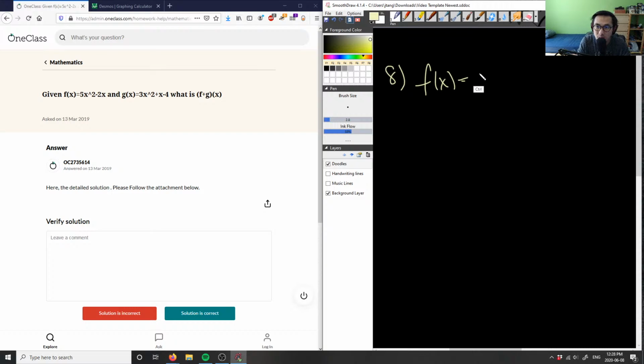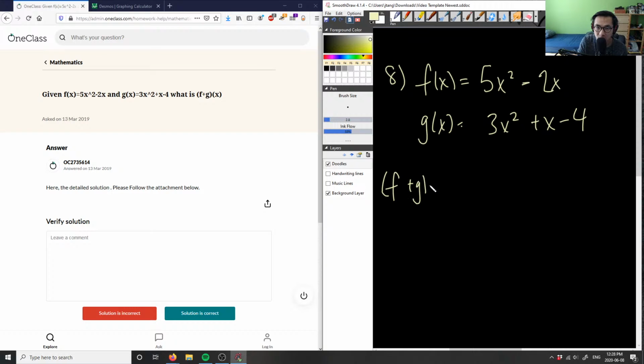So f of x is going to give me 5x squared minus 2x. And then g of x is going to get me 3x squared plus x minus 4. It's asking what is f plus g of x. Well, f plus g of x is simply, I'm adding f of x and g of x together, right?